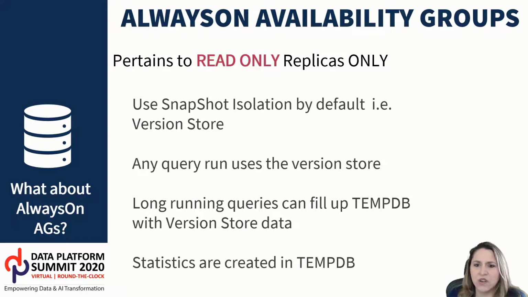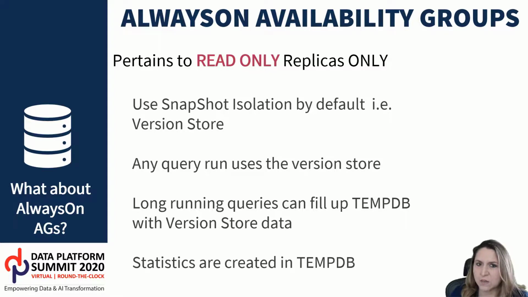I also want to let you know that the secondaries don't actually have their own statistics. What happens is, in Tempdb, it creates a temporary statistic on the primary that's being used by the secondary read-only replicas. Those duplicate statistics, these temporary statistics, are fed over to the secondary replica, and I just want to let you know that it uses Tempdb for this.